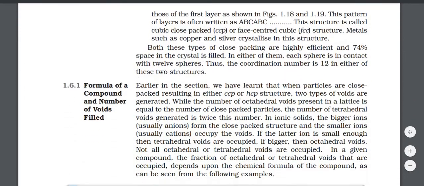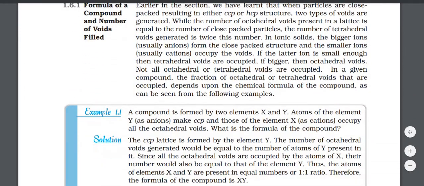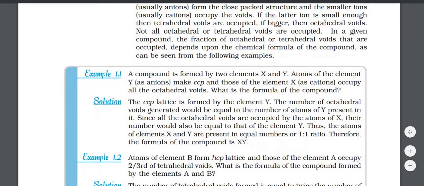So in this problem, a compound is formed by 2 elements X and Y. Atoms of Y occupy the anionic side and make CCP, cubic closed packing, like ABC packing, and the element X as cation occupies all octahedral voids. Now, what is the formula of the compound?